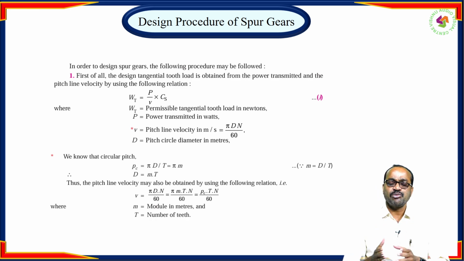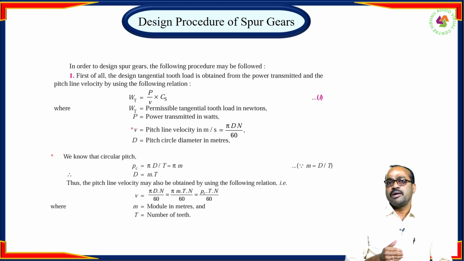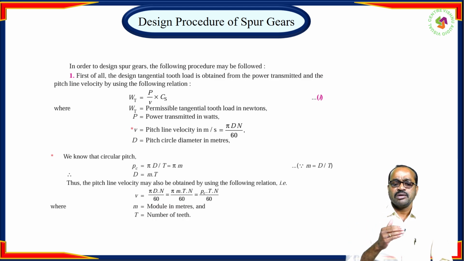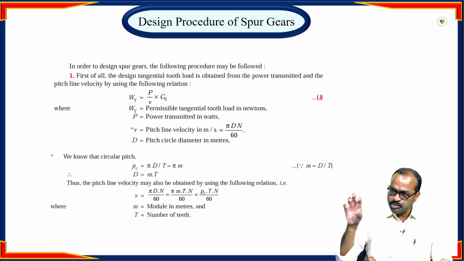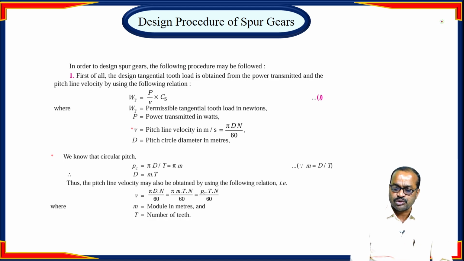If you find the table based on the question given related to timings of the gear, 8 to 16 hours, it may be 1.5. 16 to 24 hours, it may be 1.75. So you have to pick up from the table and substitute here, find the tangential tooth load.